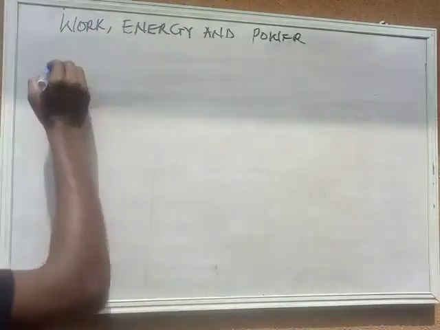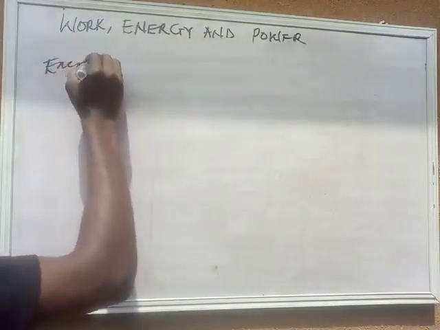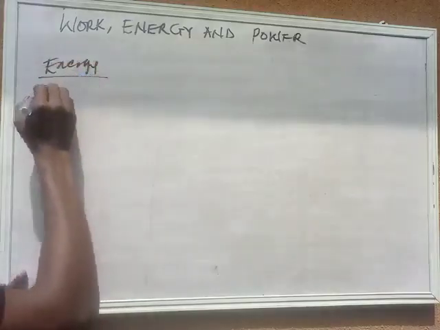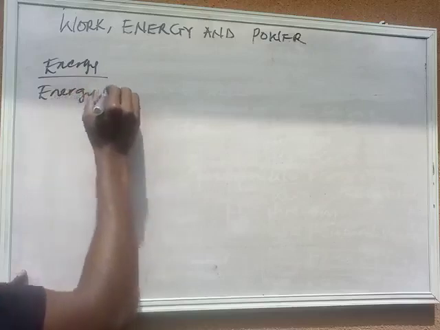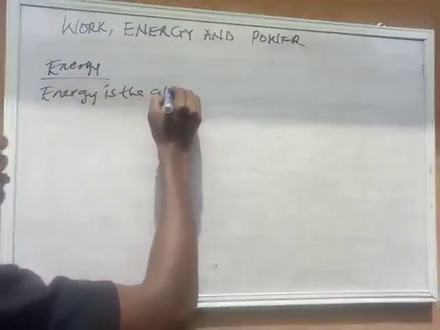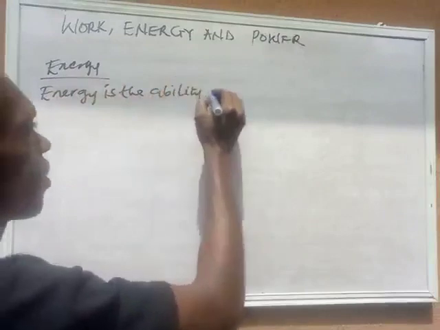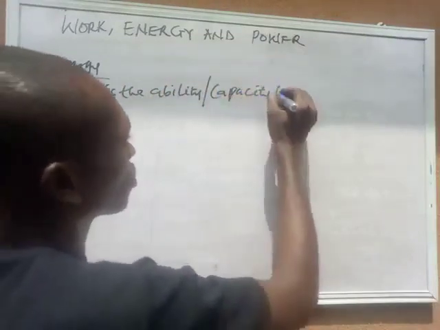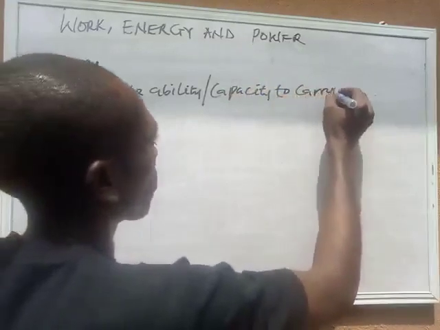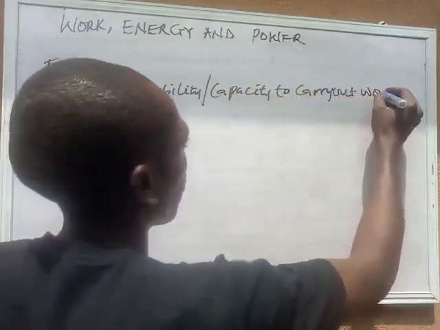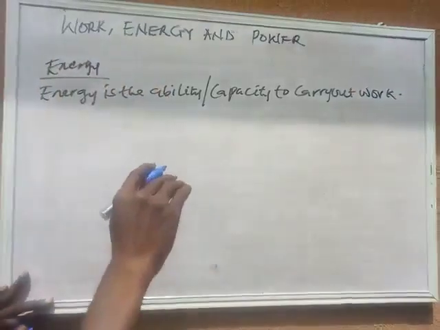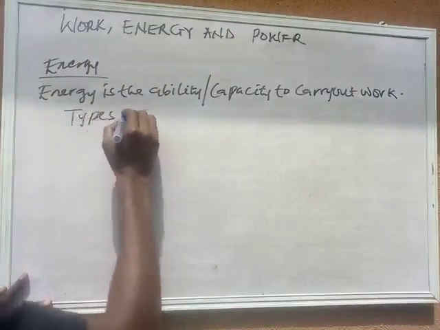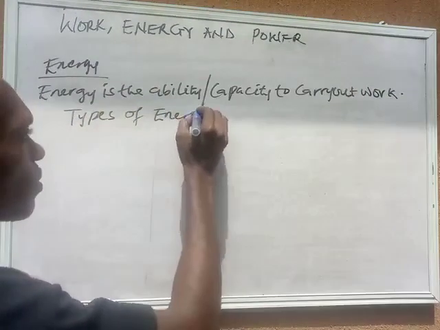Now, we said energy is the ability or capacity to carry out work. That is what energy is. We said there are basically two types of energy where we are talking about motion.